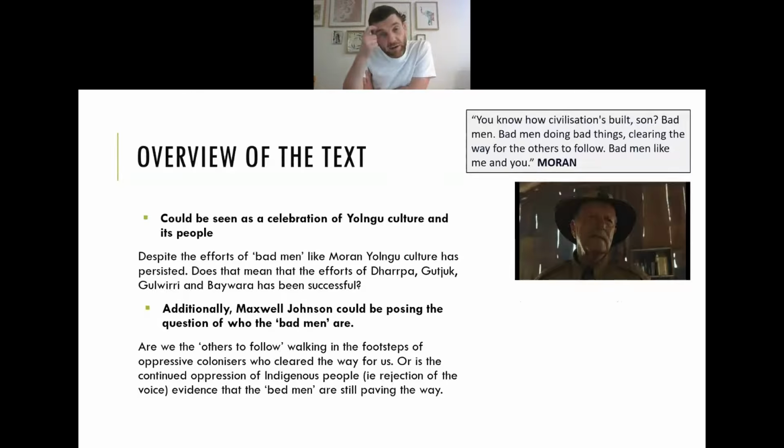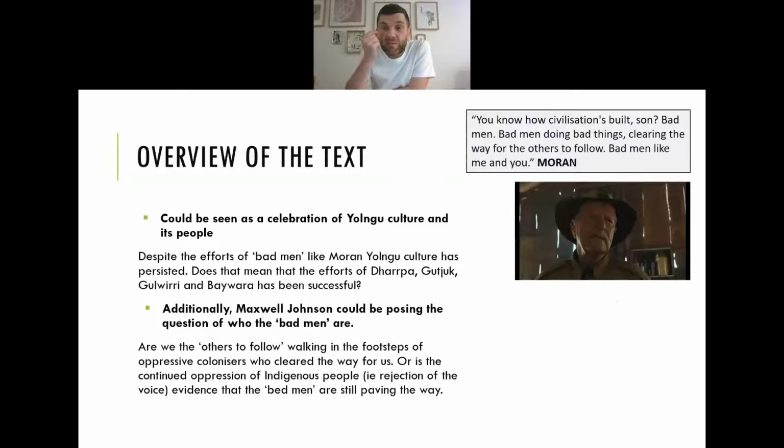So it could be seen as a celebration of Yolngu culture and its people. Despite the efforts of bad men like Moran, Yolngu culture has persisted. Does that mean that the efforts of Dapa, Gutjuk, Gawiri, and Bewara have been successful? Because we're now exploring, we're now celebrating their culture, we're celebrating their existence in the past, their existence in the present.